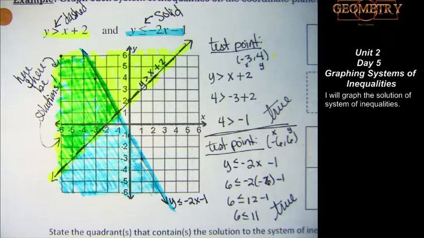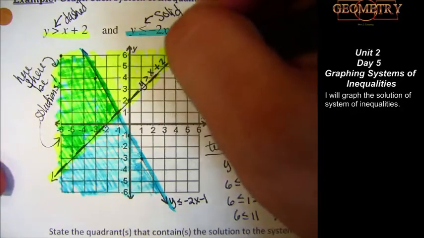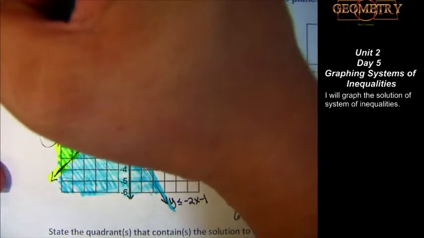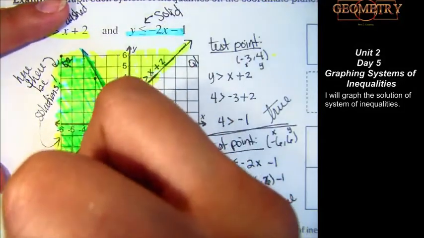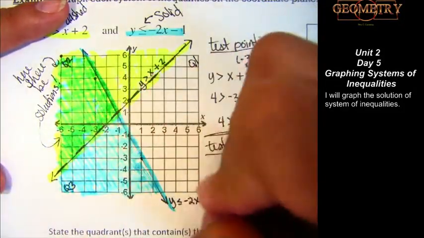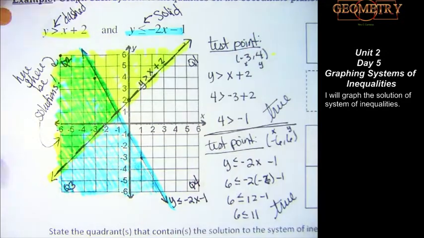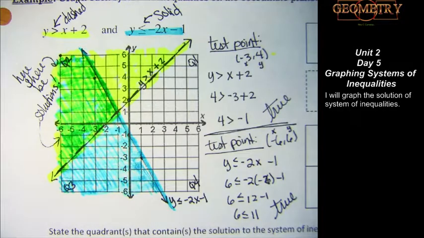Oh, look at that. What quadrants are these in? 2 and 3. Remember that this is quadrant 1, quadrant 2, this is quadrant 3, and this is quadrant 4. The solution set to the system of inequalities, as he stated, do exist in quadrant 2 and in quadrant 3.